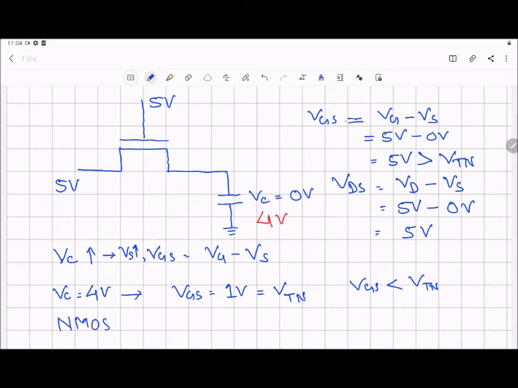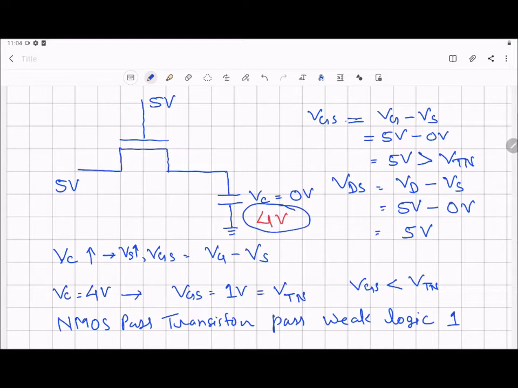So we can say that an NMOS pass transistor passes weak logic 1, because we wanted 5 volt across the capacitor, that is VC, but what we are getting is only 4 volt.